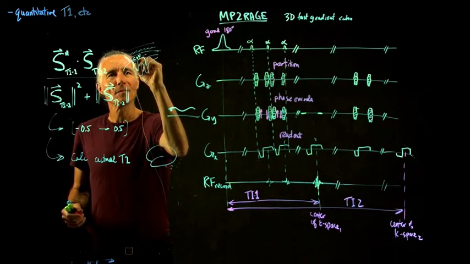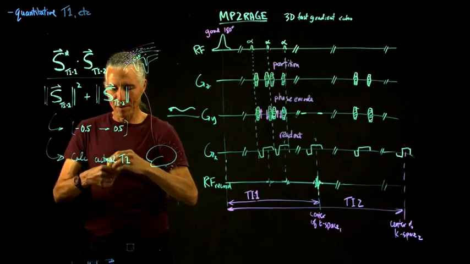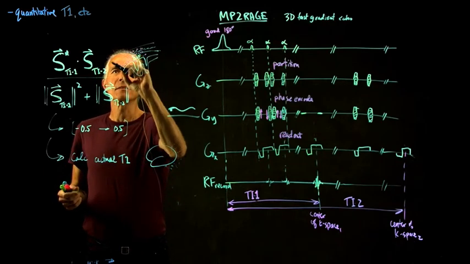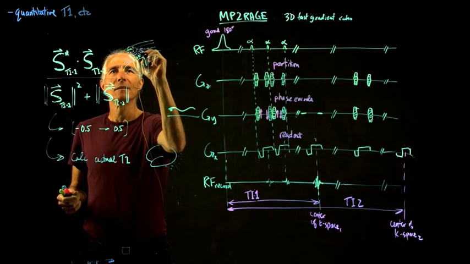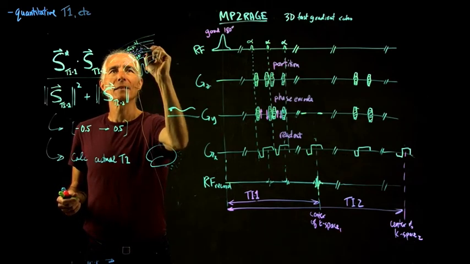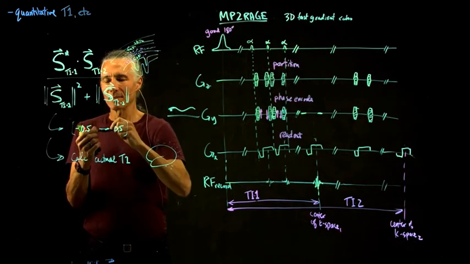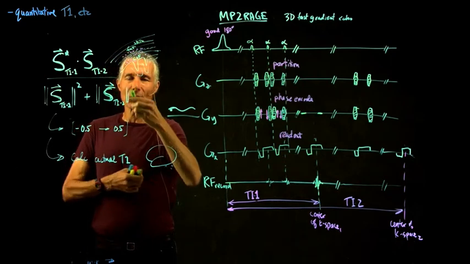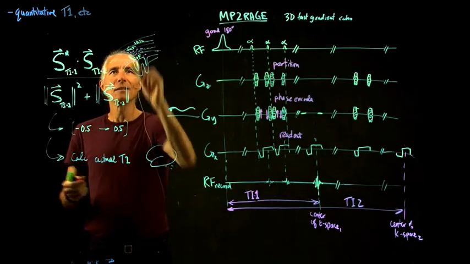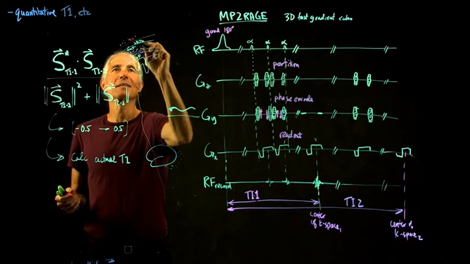The inner table of bone will be speckly, and the outer table of bone will be speckly. Then suddenly you'll be able to see the skin again. There's a little bit of fat on top and then skin on top of that, and those will look okay. And then when you get out into the air, it will be completely speckly.